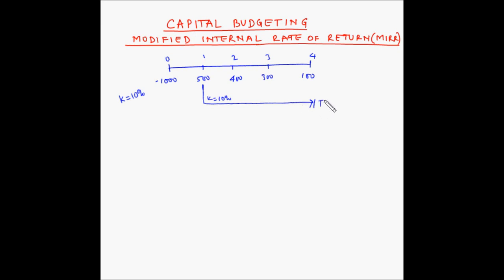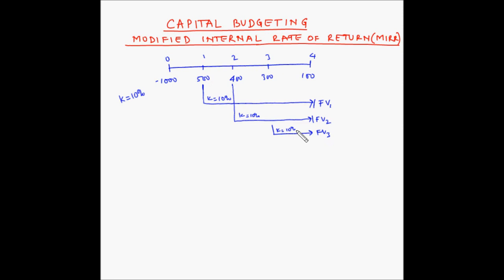So this value at the end of the 3 years, or in all at the end of 4 years, let's say becomes FV1, future value 1. Similarly, this 400 will be reinvested at K equals 10%. This will become FV2. Similarly, this 300 will be reinvested. This will become FV3.